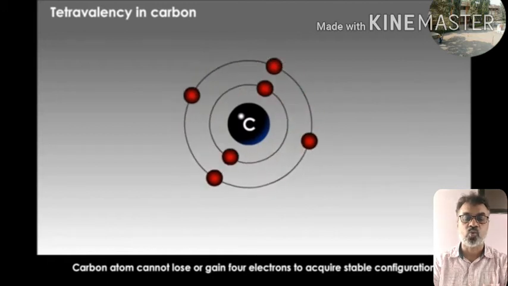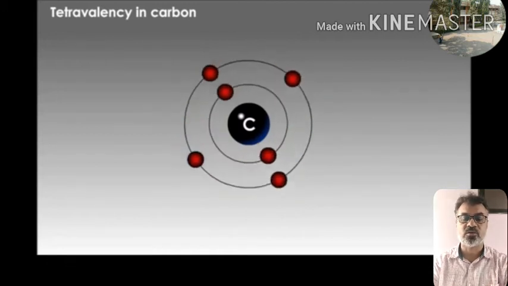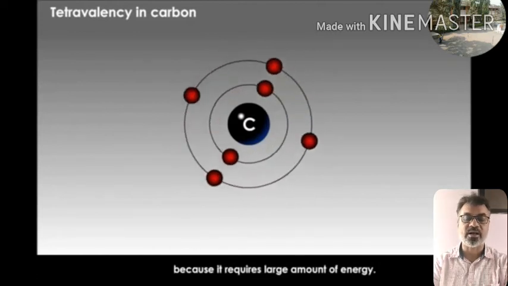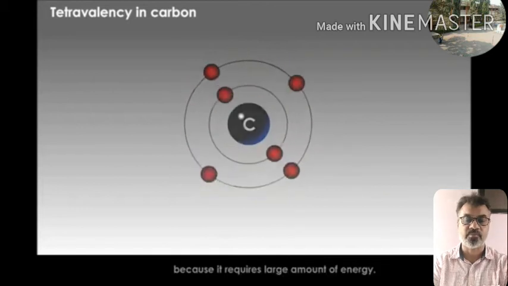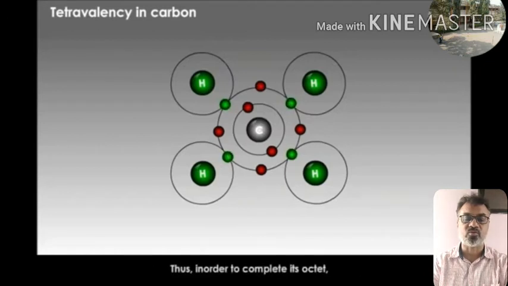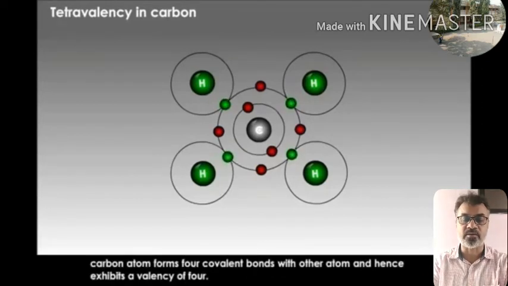A carbon atom cannot lose or gain 4 electrons to form an octet because it requires a large amount of energy. Carbon acquires a stable octet by sharing of electrons. In the outermost shell of carbon there are 4 valence electrons, which share a pair of electrons with 4 hydrogen atoms. Hence it exhibits a valency of 4.